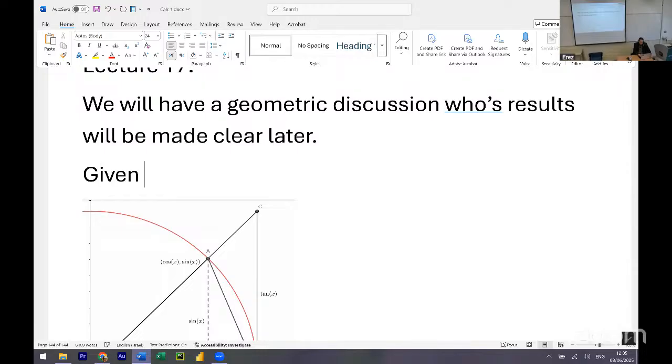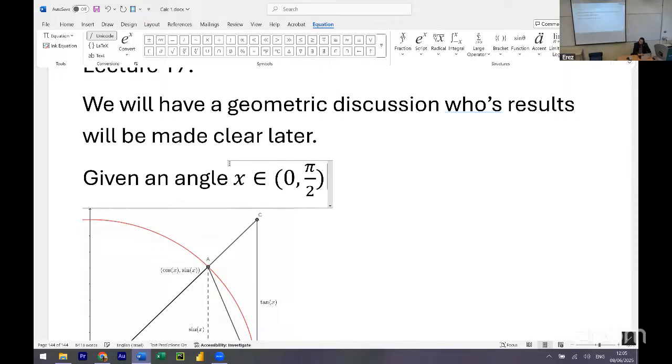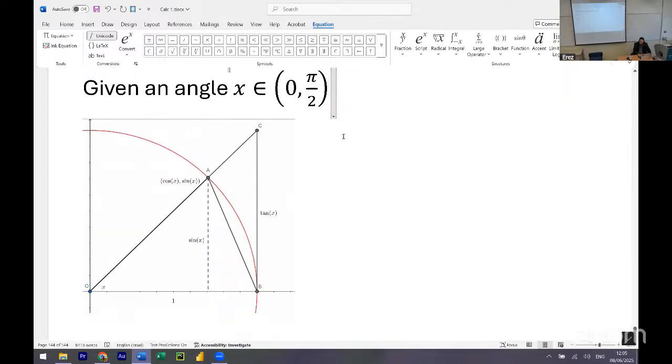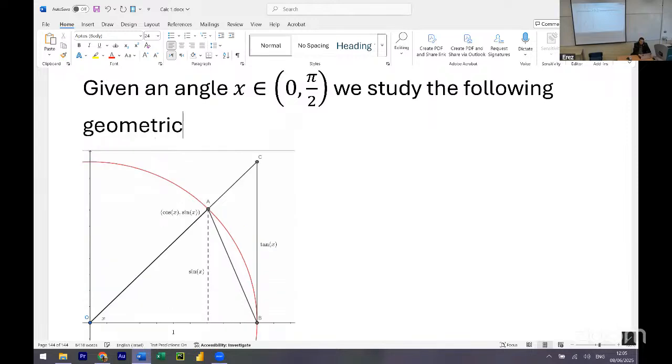Given an angle x between 0 and half of pi, we study the following geometric structure.